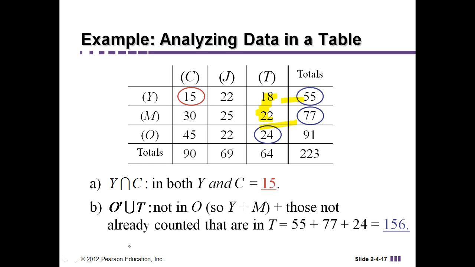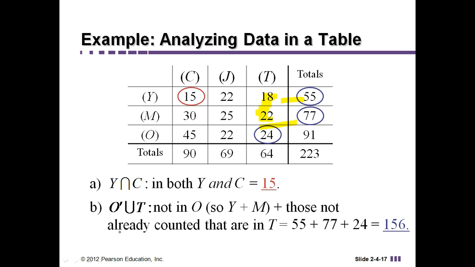Now another thing that I can do is treat this just like I do with the cardinal formula. Because this is a union problem, I can do the cardinal value of the complement plus the cardinal value of T, and then subtract out the intersection of those two, which is the 18 and the 22, which is basically what we're doing here.